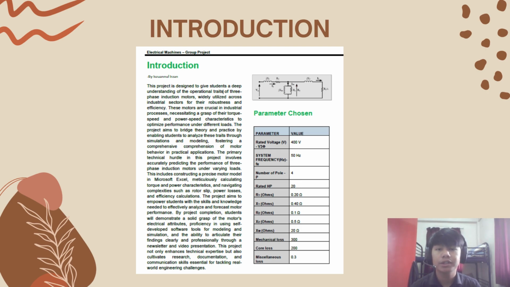These motors are crucial in industrial processes, necessitating a grasp of their torque-speed and power-speed characteristics to optimize performance under different loads. The project aims to bridge theory and practice by enabling students to analyze these traits through simulations and modeling, fostering a comprehensive comprehension of motor behavior in practical applications.